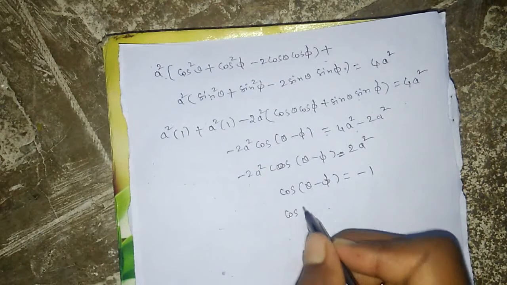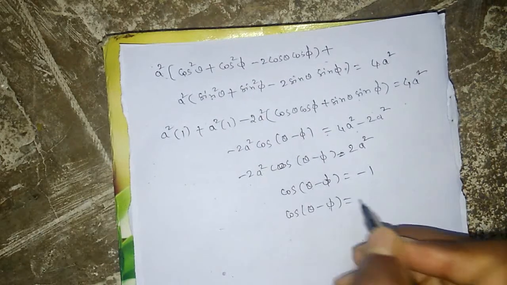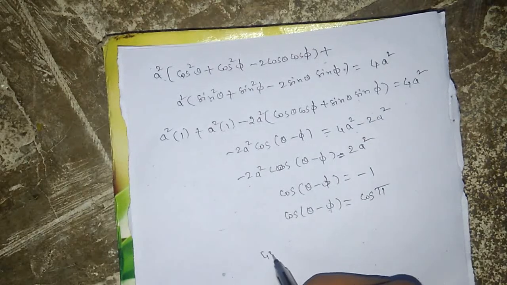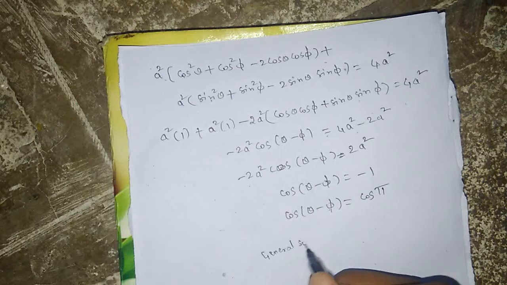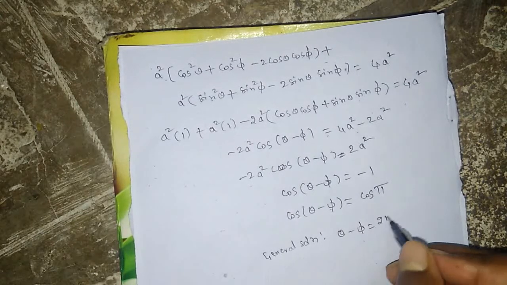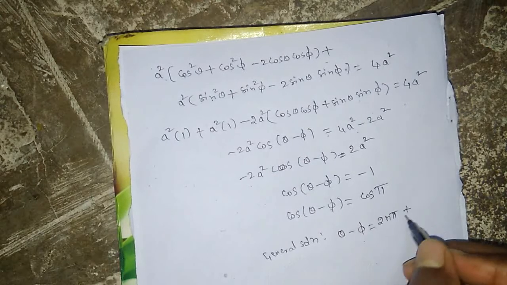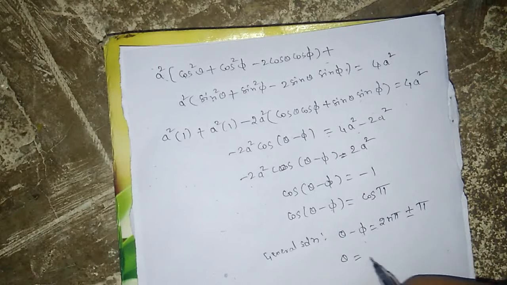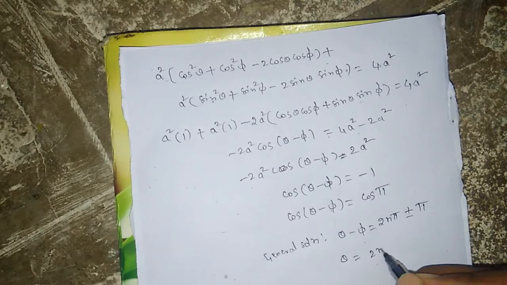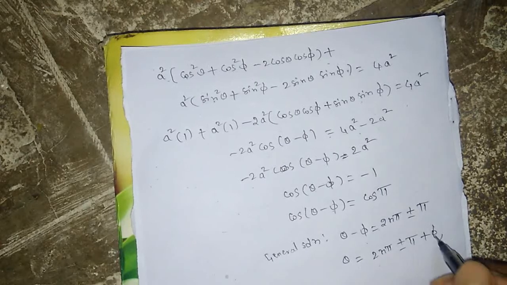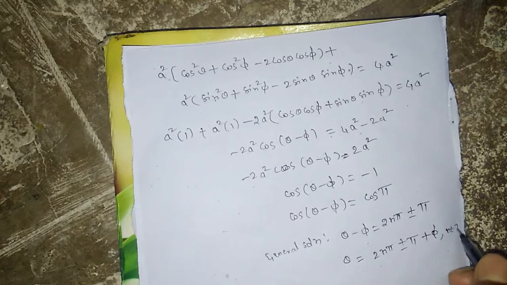So cos of (theta minus phi) is equal to cos pi. So the general solution is theta minus phi is equal to 2n pi plus or minus pi, where theta is equal to 2n pi plus or minus pi plus phi. Here n belongs to Z.